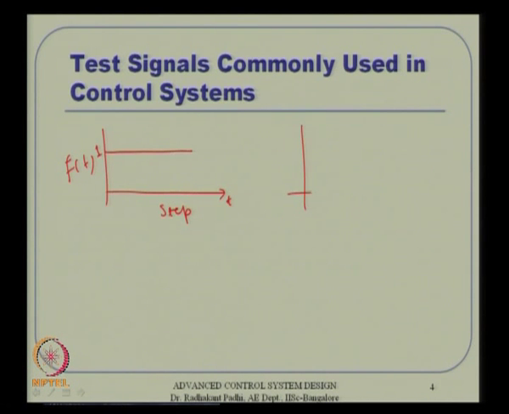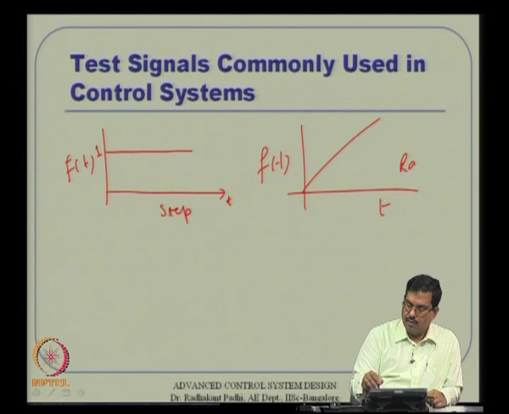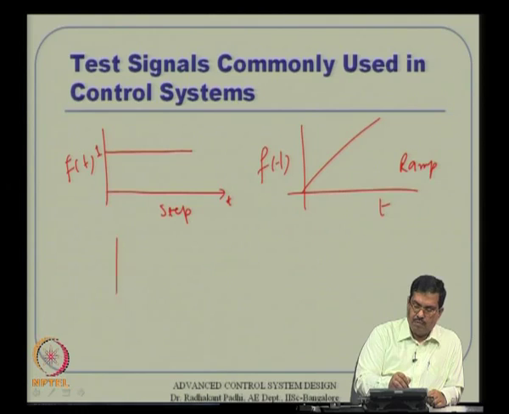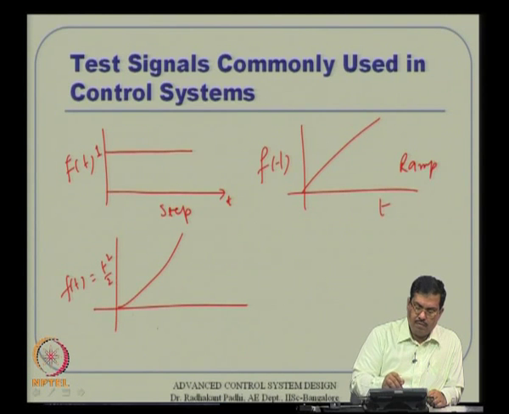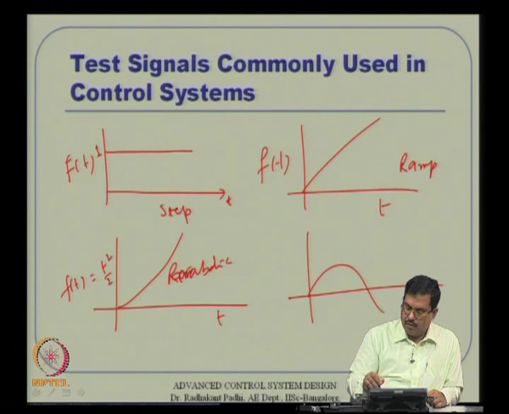Then we have the ramp input, where f of t is equal to t. Then there can be a parabolic input, where f of t is typically t square or t square by 2. And we can also use a sinusoidal function, sin omega t, in many applications.